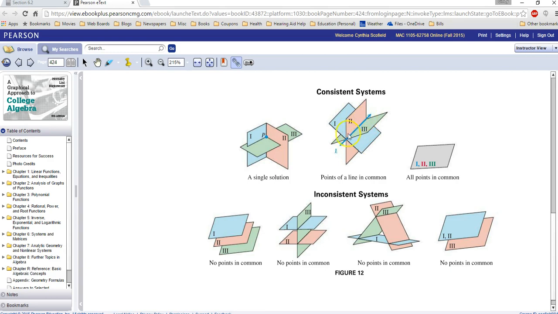Either the points can lie on the line, or the points can be anywhere on the plane, or you could have no points that all three have in common. Picture-wise, no points in common could be any of these four scenarios, but you're not going to have to worry about which scenario it is. You're just going to have to analytically see, oh, no solution to this. So that's where we're heading.